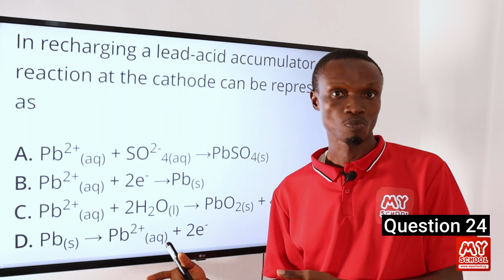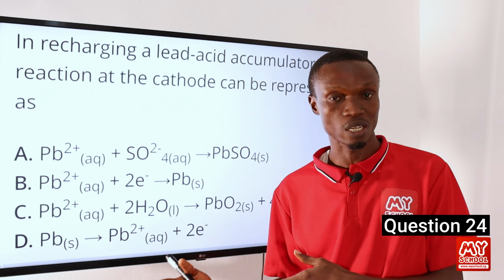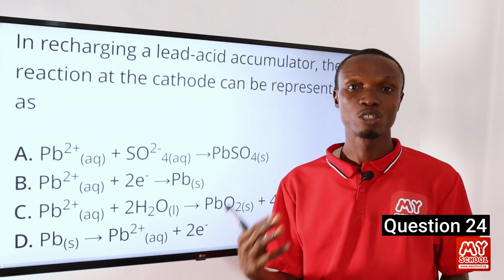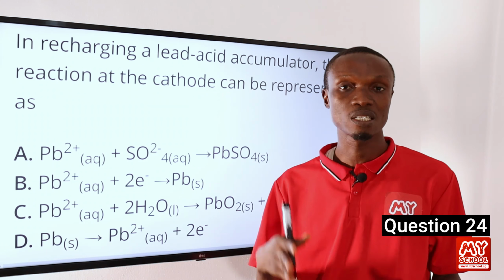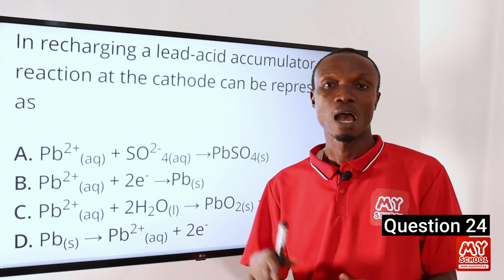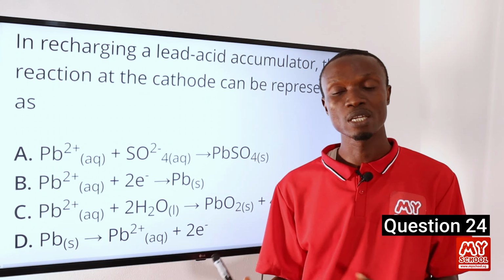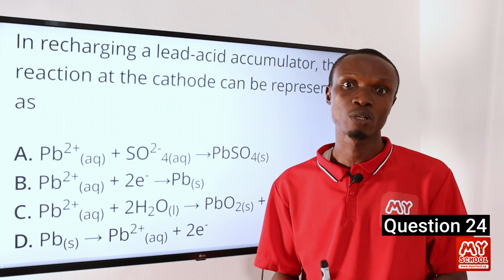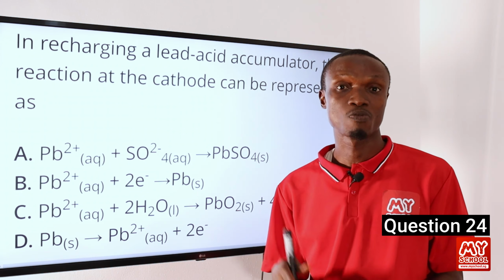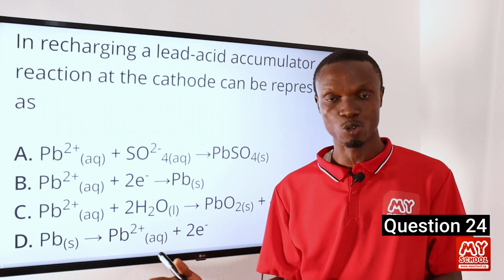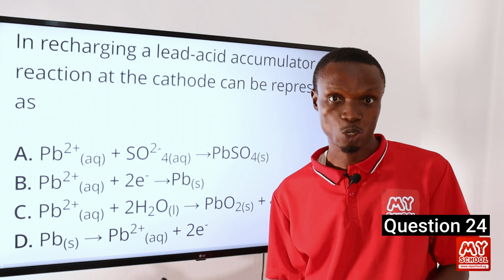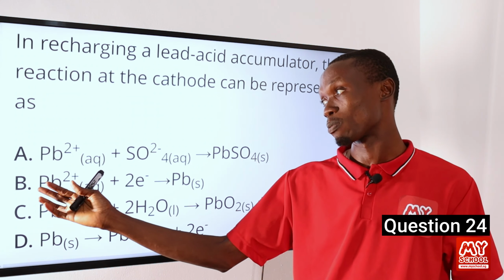So the cathode during the discharge process becomes the anode during the recharge process. So the electrolyte, lead(II) sulfate, at the cathode breaks down into lead ion and sulfate ion. The lead ion acquires 2 electrons to become neutral lead. So that makes option B the correct option.